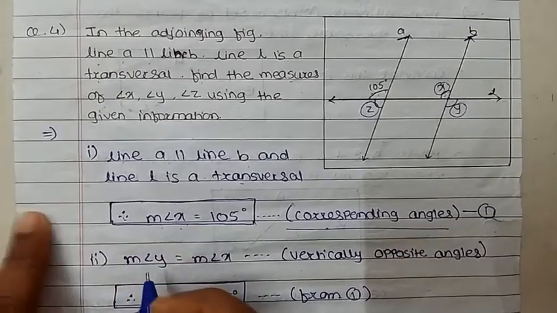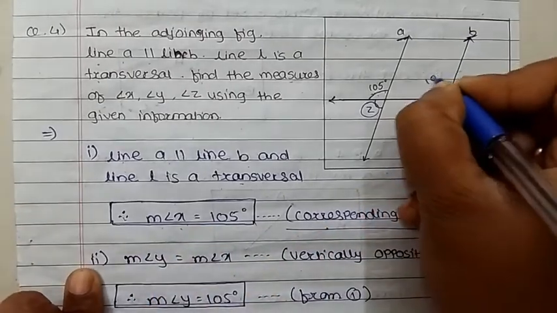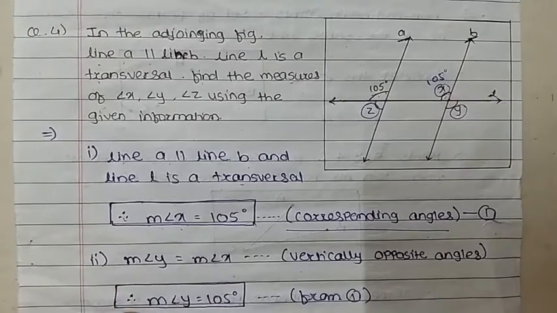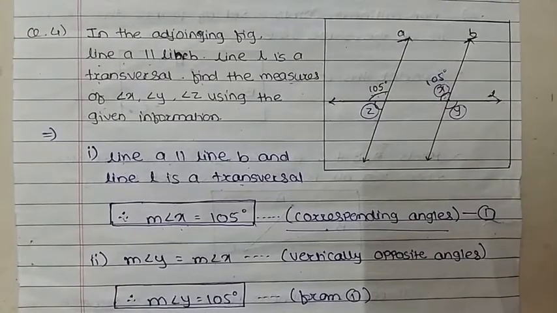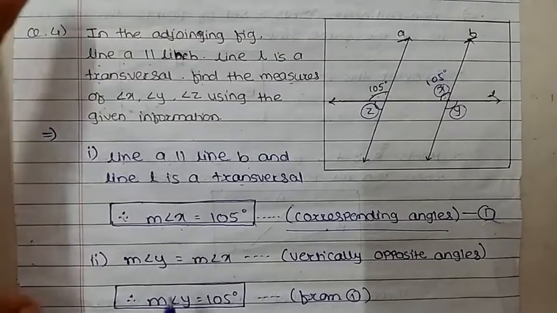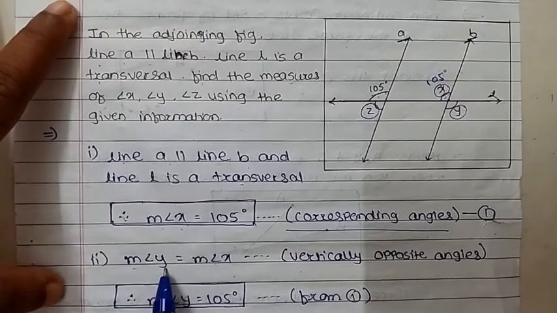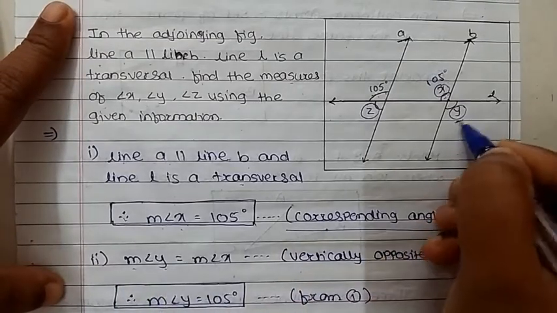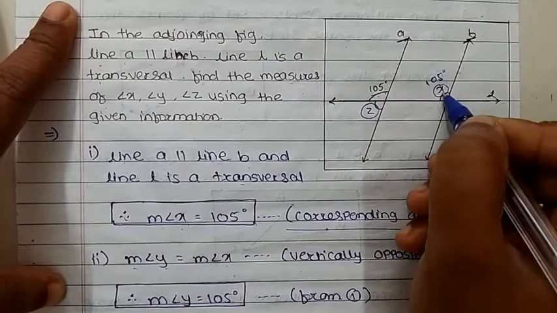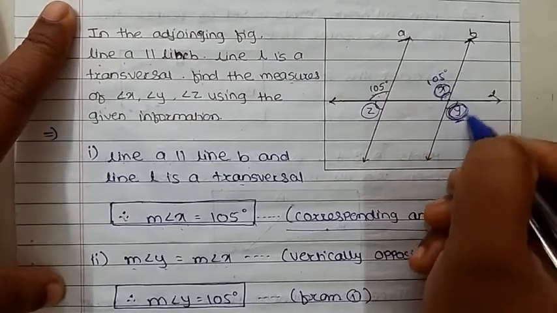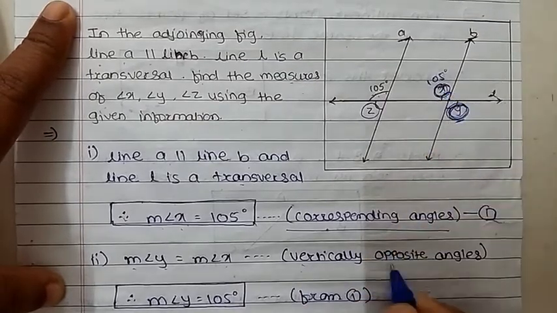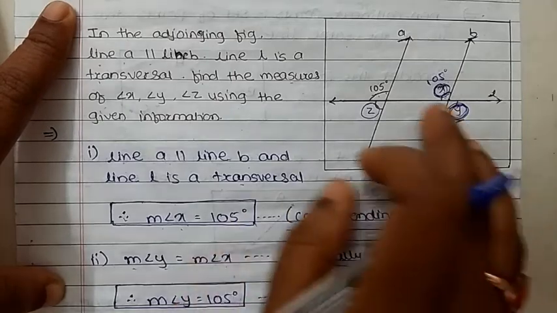Okay, next. So this is what? This is 105. Clear? Next, we have to consider the measure of angle Y, this one, and the measure of angle X, this one. These two angles are vertically opposite angles. Vertically they are opposite, so therefore they are equal.